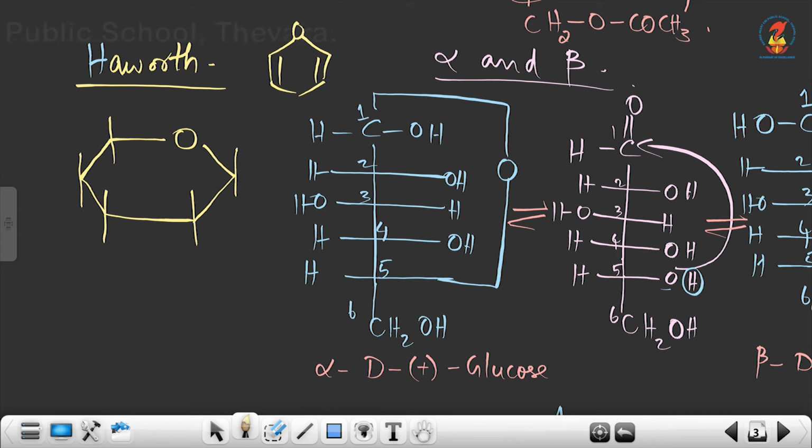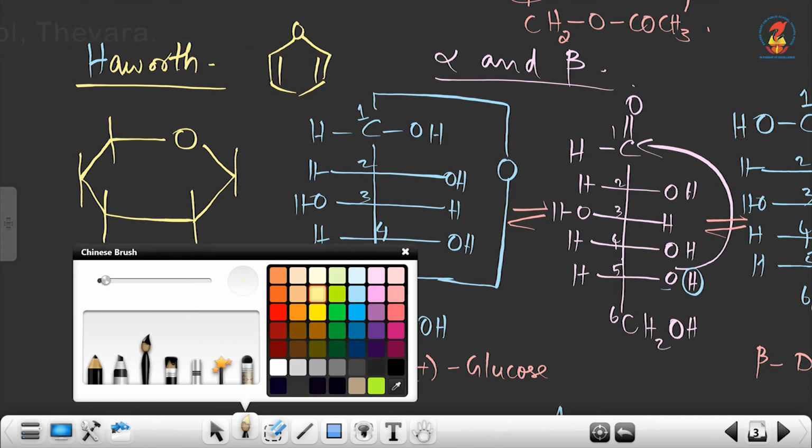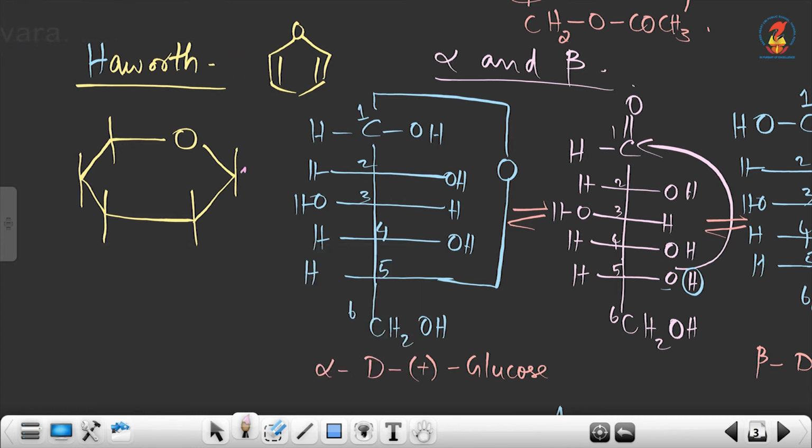So I am going to write the first carbon here. I am going to mark the carbon atoms first: 1, 2, 3, 4, and the fifth carbon is here. The 6th is our CH2OH group, so that is written on the top as CH2OH. This is the 6th carbon, and here on the 5th carbon we have hydrogen. So I am going to write that hydrogen down.